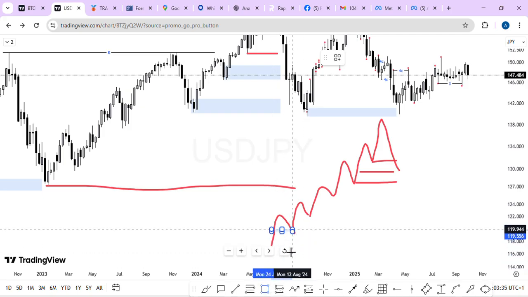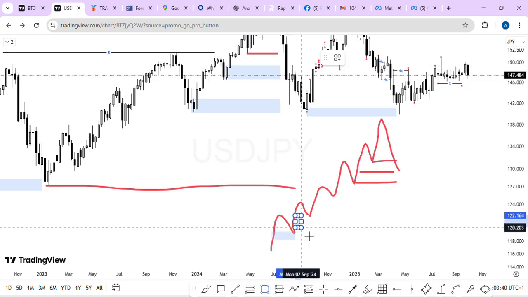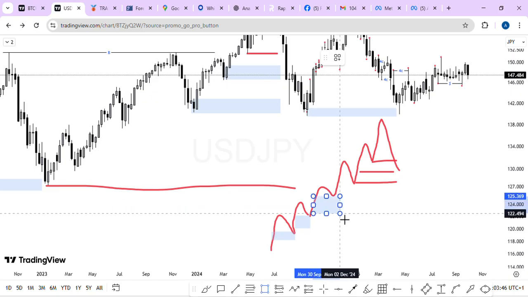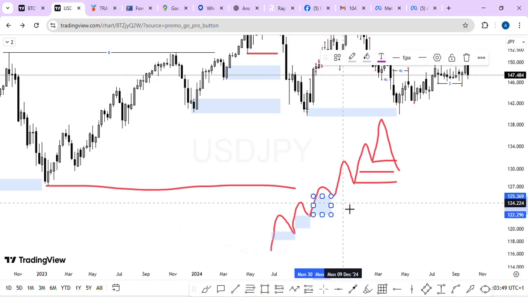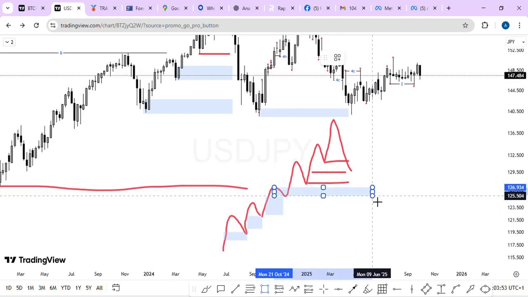You see that the market has also mitigated this. This one has also been mitigated. You see that this one has also been mitigated. So let's assume everything here has been mitigated and you only have this, which is not mitigated.